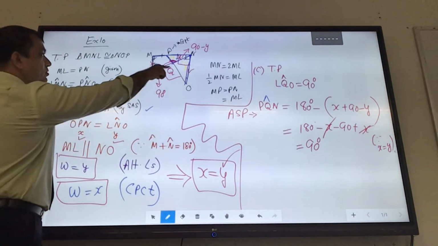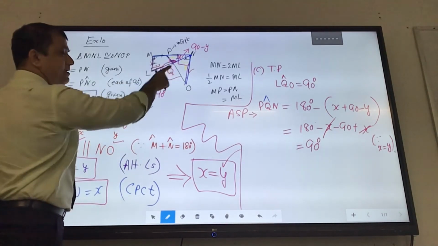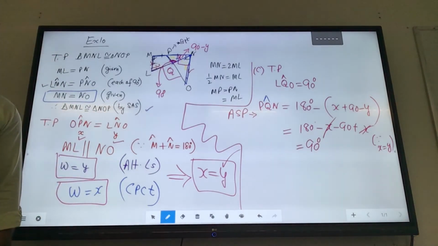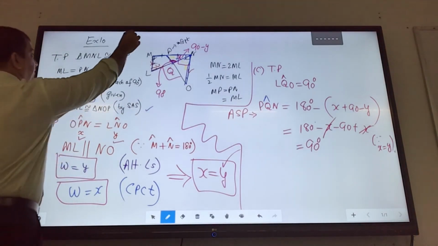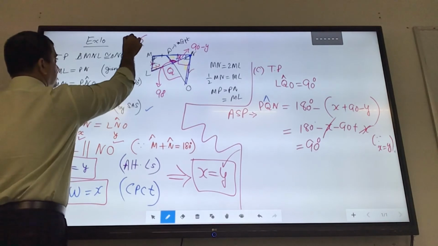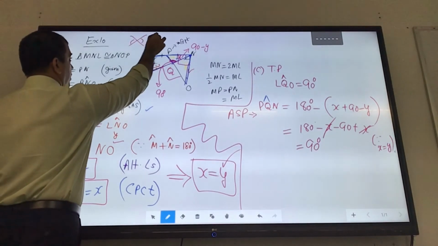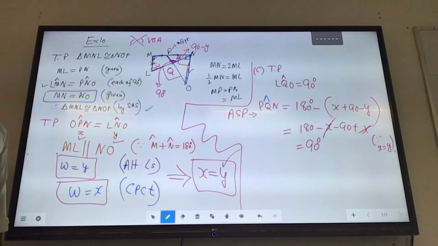Now LQO and PQN, these are vertically opposite angles. If two lines intersect, these angles are called vertically opposite angles. Okay?